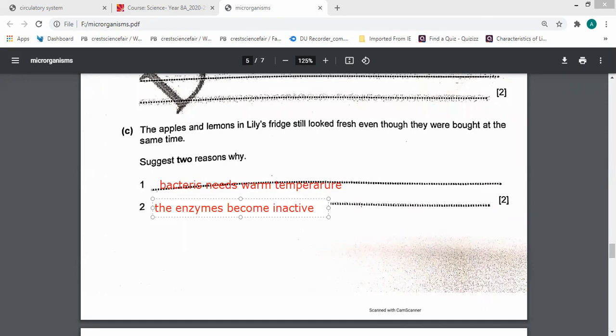Enzymes are chemical substances secreted inside the bodies of living organisms, like humans. They help the living organism to digest different types of food. As we explained in the topic balanced diet, we have different enzymes secreted inside our body.